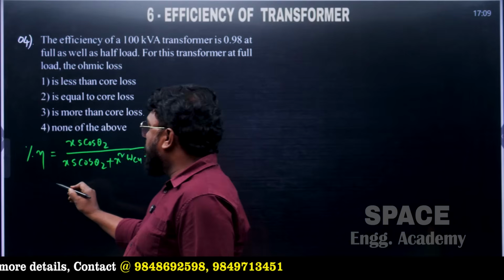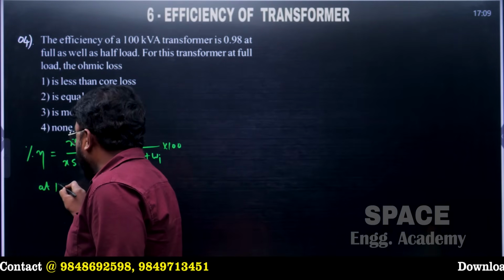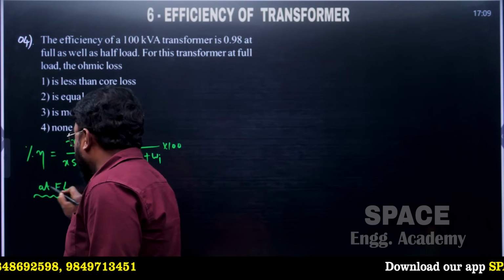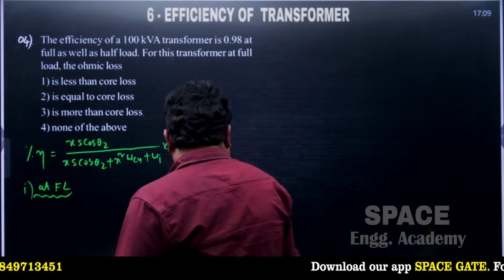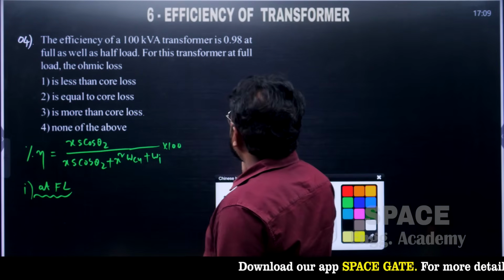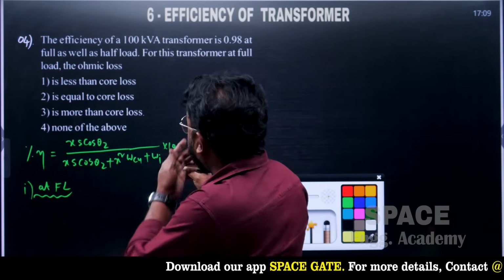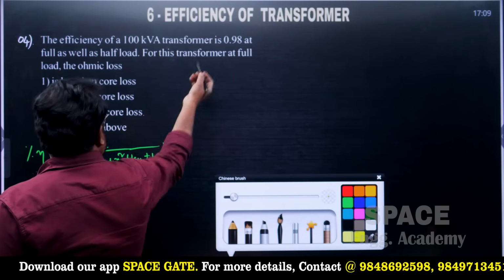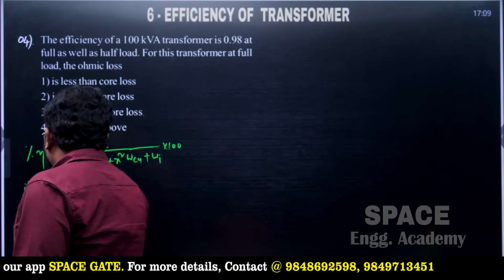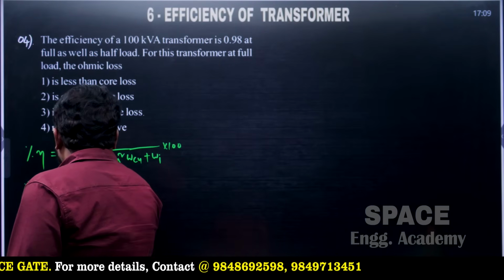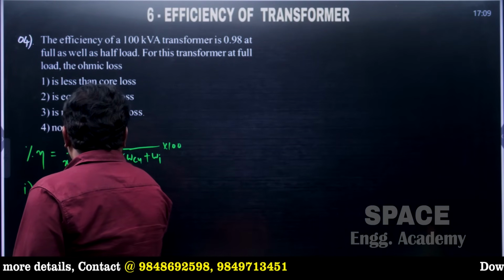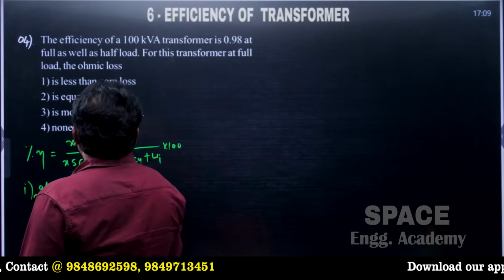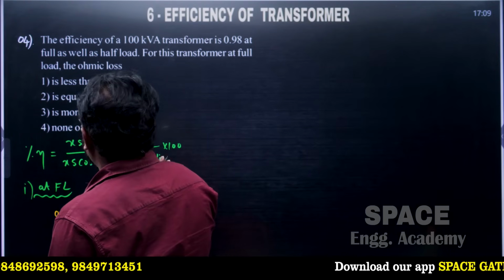So now at full load, let us discuss first. What is the percentage efficiency? It is given directly in per unit value, 0.98. The x value is equal to 1, S is equal to 100, and let us consider any power factor.